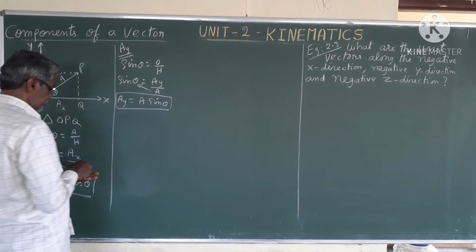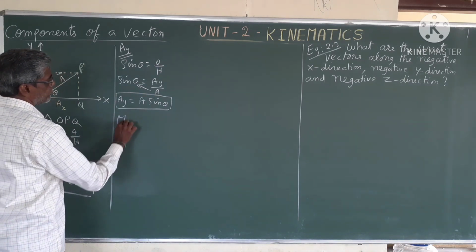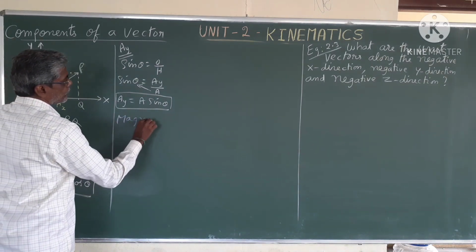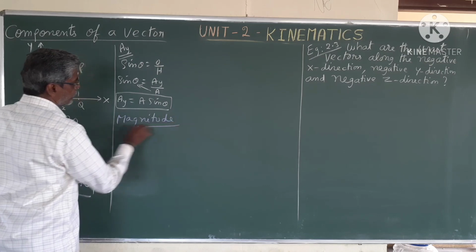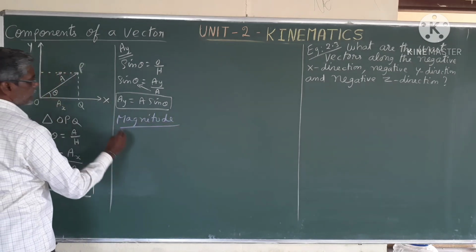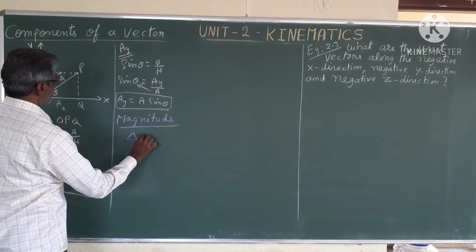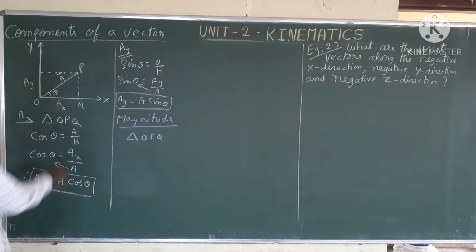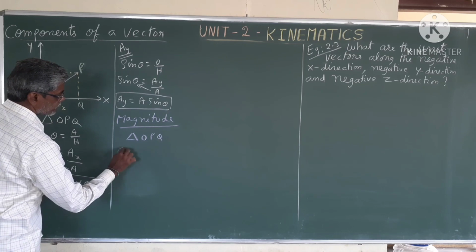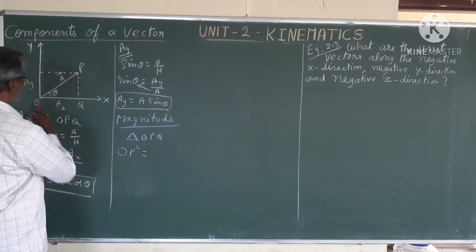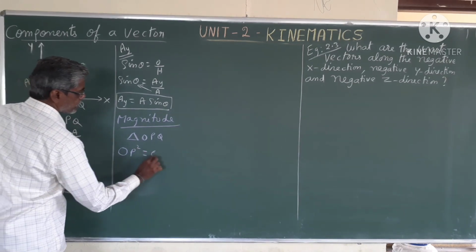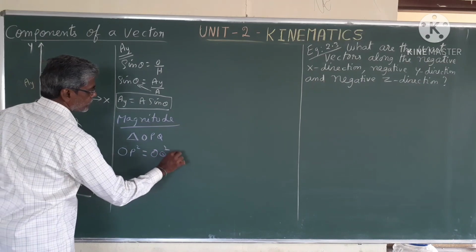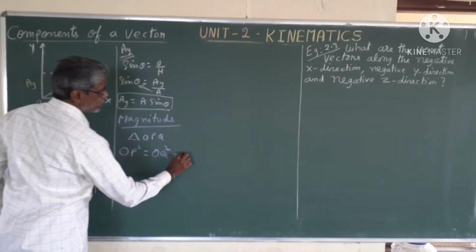Now we will go for the magnitude of A vector. Now we will calculate the magnitude of A vector. Now in right angle triangle OPQ, according to Pythagoras theorem, OP square is equal to OQ square plus PQ square.